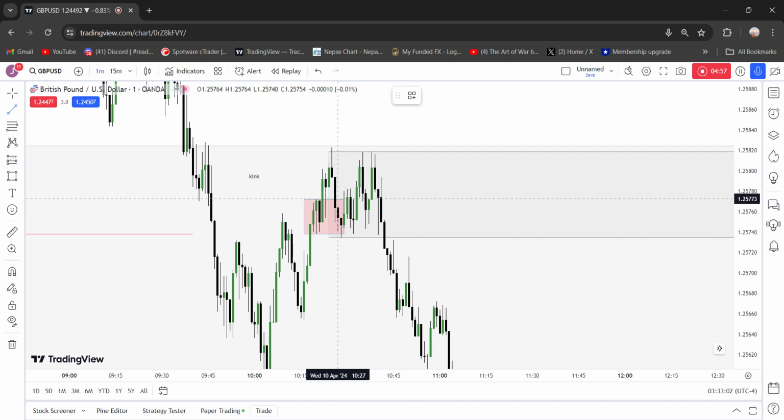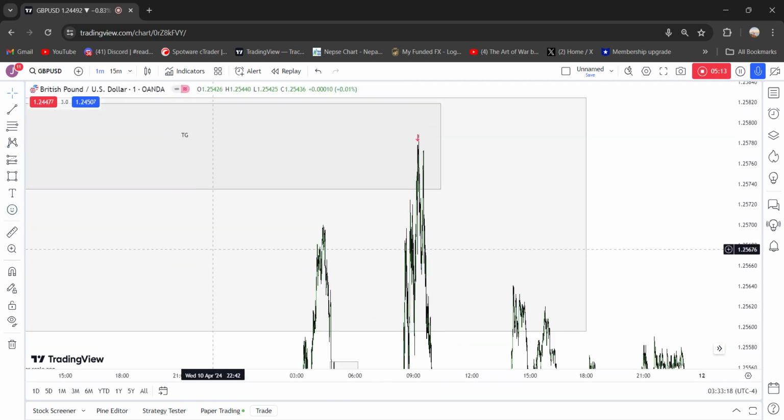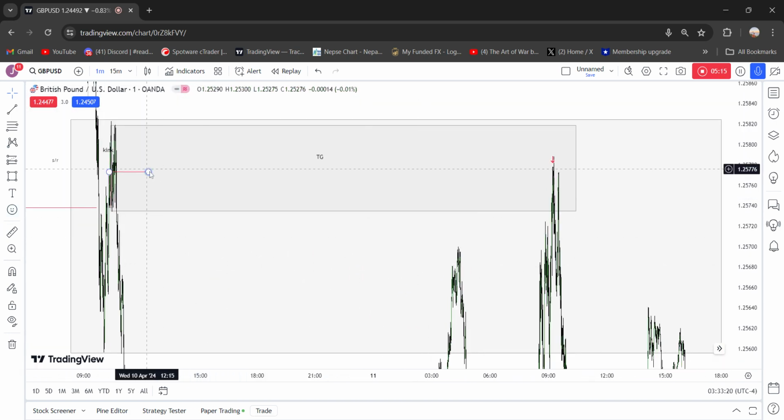So you can initially short the high of this one, where you can actually see where the order is in here. All right. So this particular high was shorted here.